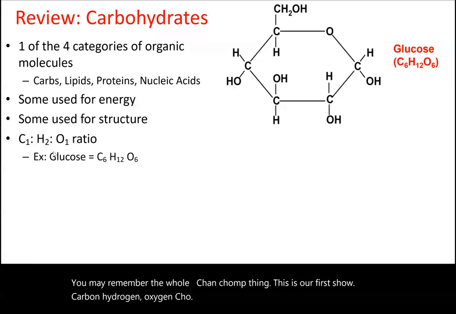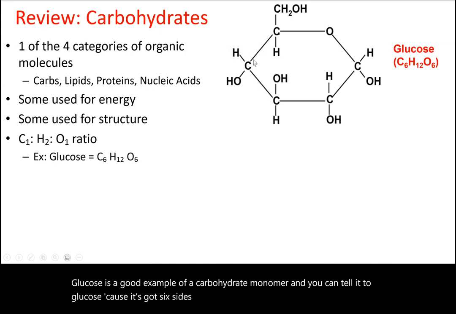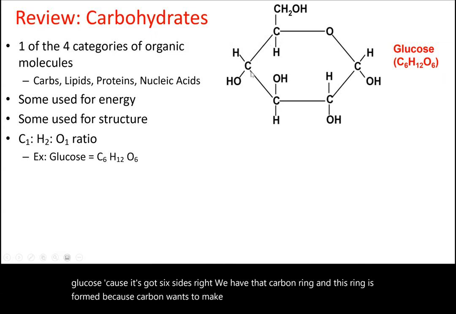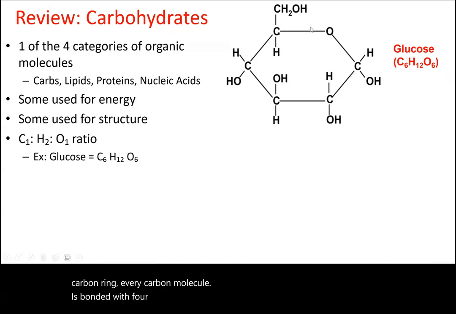Glucose is a good example of a carbohydrate monomer, and you can tell it's glucose because it's got 6 sides, right? We have that carbon ring, and this ring is formed because carbon wants to make 4 bonds. So if you look around this carbon ring, every carbon is bonded with 4 other atoms.